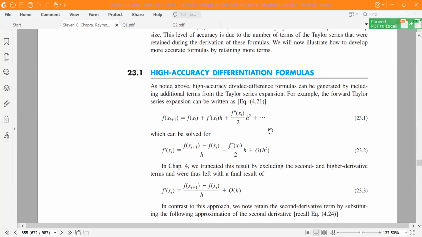Fine. Then if someone asks you to find the voltage across the inductor, how to find it? L di by dt. L di by dt, exactly. Very good. Now the question is, can you calculate di by dt analytically?